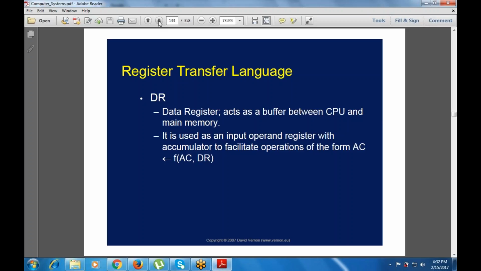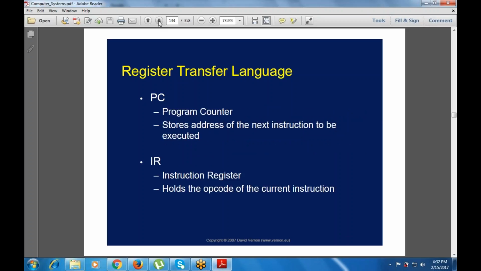So whatever the operand register that is used with the accumulator to facilitate the operation of the form F, AC and the DR. The AC, the accumulator, and the DR, the data register, are used to accumulate or facilitate the operation of the data. That is F, AC and the DR.